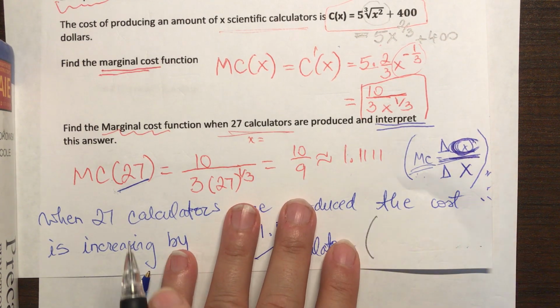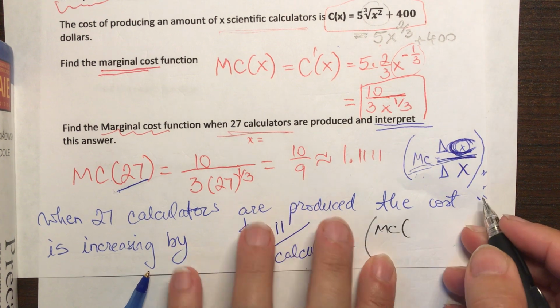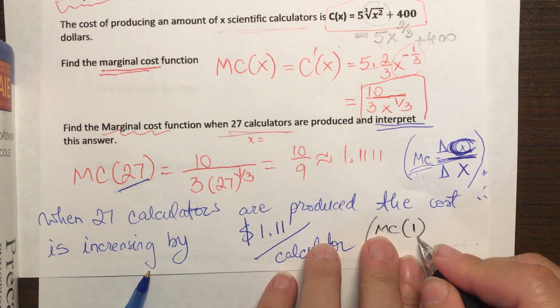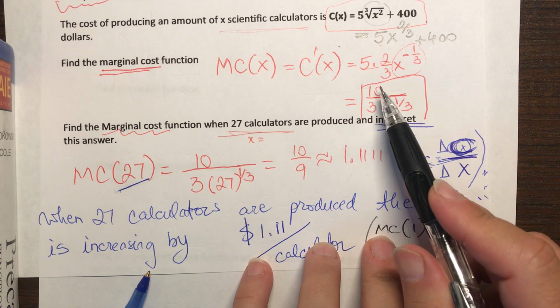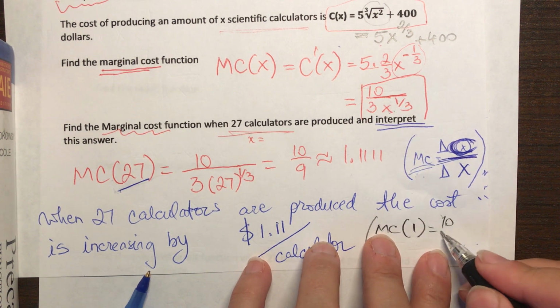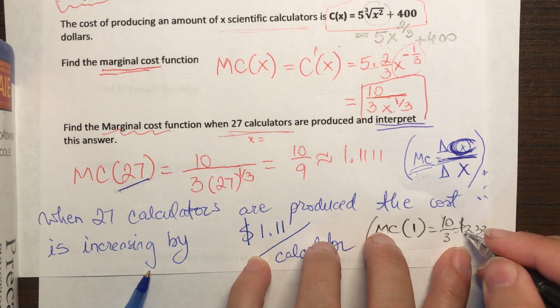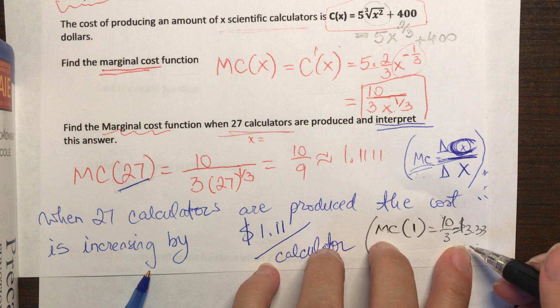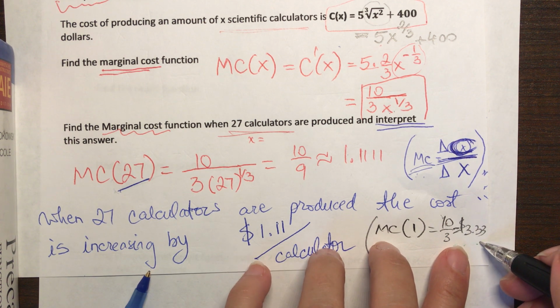what if I would have wanted to find the marginal cost at 1. So if I'd plug in a 1 in here, what would I get? I'd get 10 over 3, right? Which is 3.33. So when you're producing one calculator, after the first calculator, the cost is going up by $3.33.